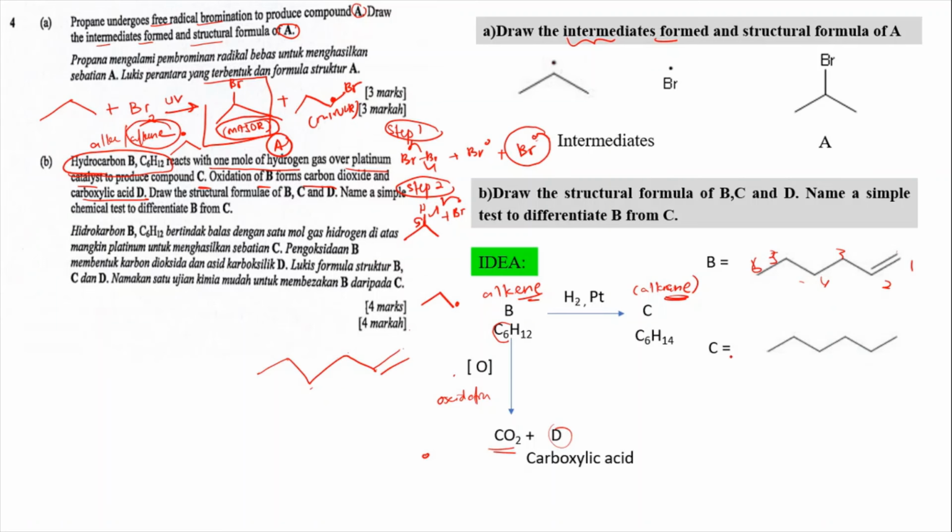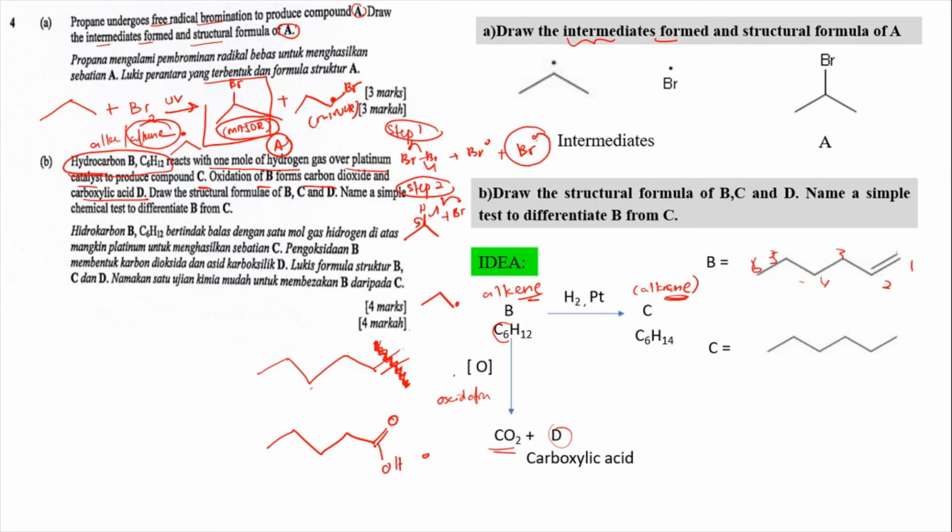And then for D, because it undergoes oxidation using KMnO4 and produces carbon dioxide here, it's going to be oxidized. And what's going to happen here is that this is going to become oxygen, and then it's going to become OH.